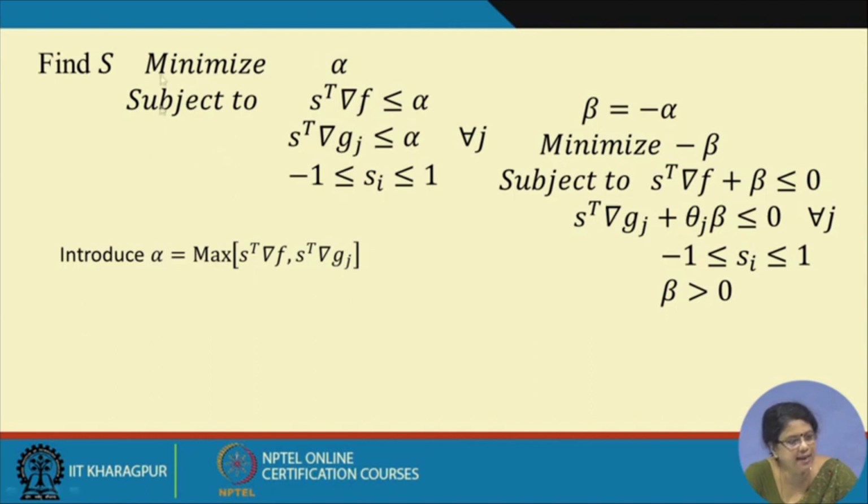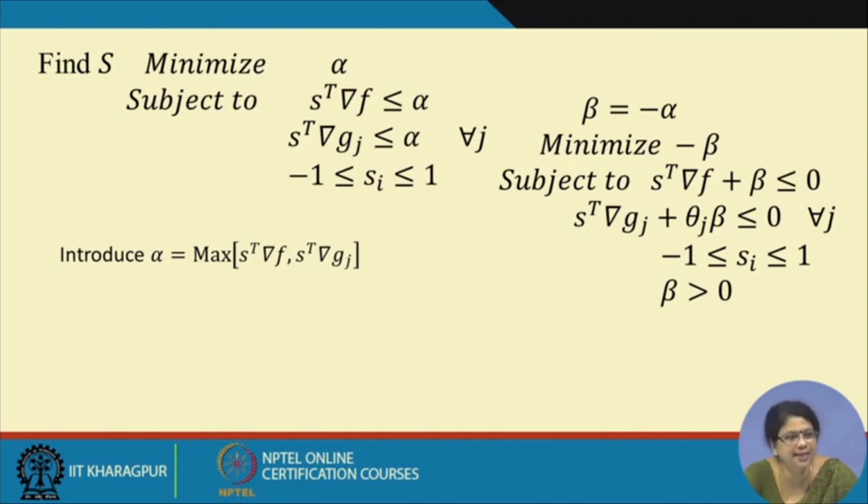Alright, beta is something related to the magnitude of alpha, but you see theta j is an angle, which refers to the angle of the descent feasible cone, that is the usable cone. What is our target? Our target is to push theta.